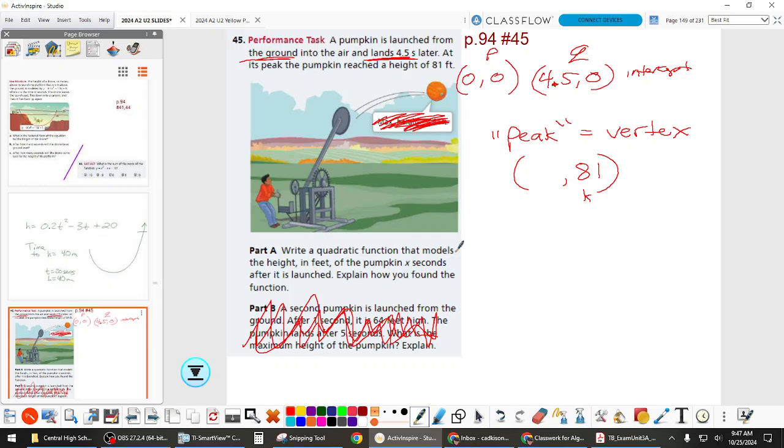Yeah, think about this: it's going to go 4.5 seconds in the air, and the vertex is going to be right in the middle, which is 2.25 seconds. Okay? So your vertex is also known.